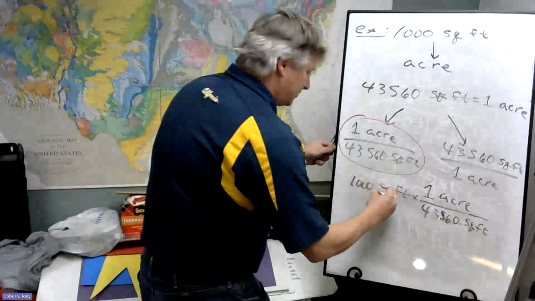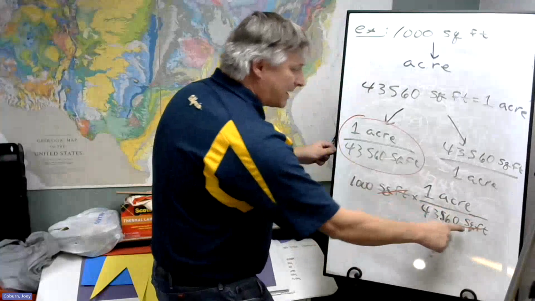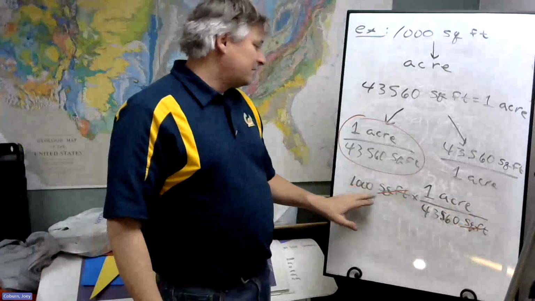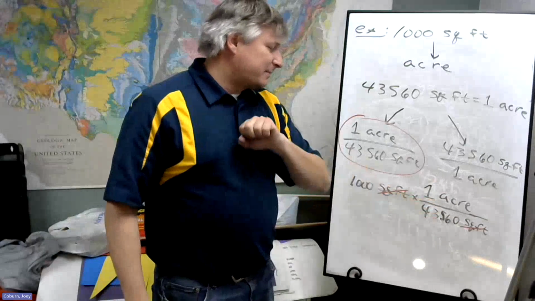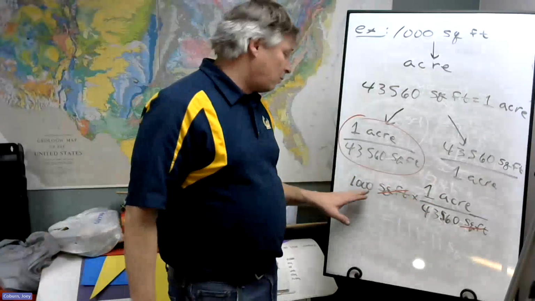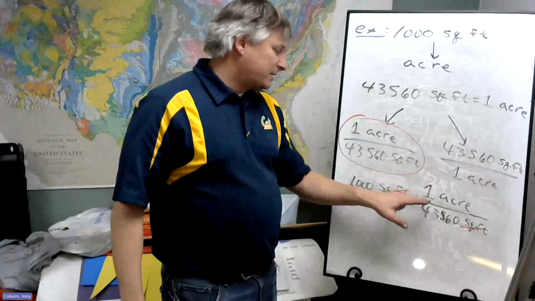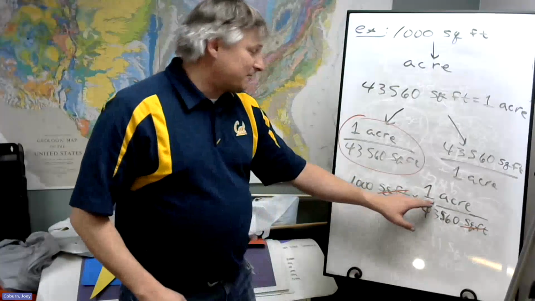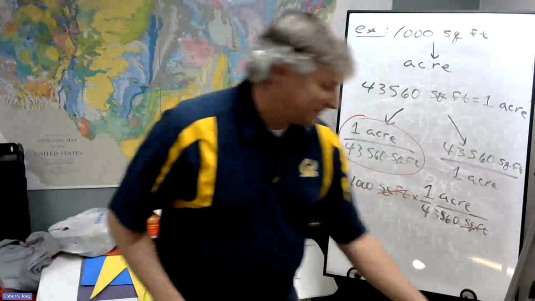So square feet will cancel, top and bottom. So that means we're doing this right. So what we've got is 1,000 times 1 acre divided by 43,560. In the calculator, 1,000 times 1 divided by 43,560. Again, the fraction bar means division.